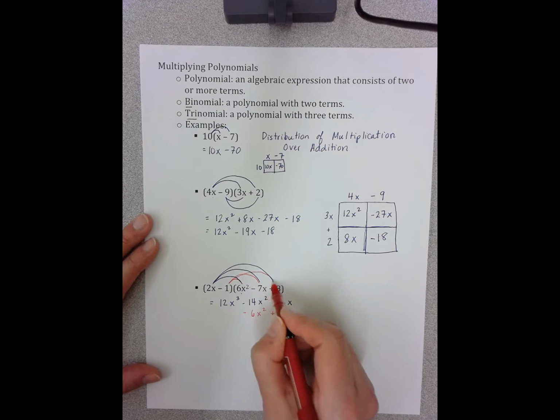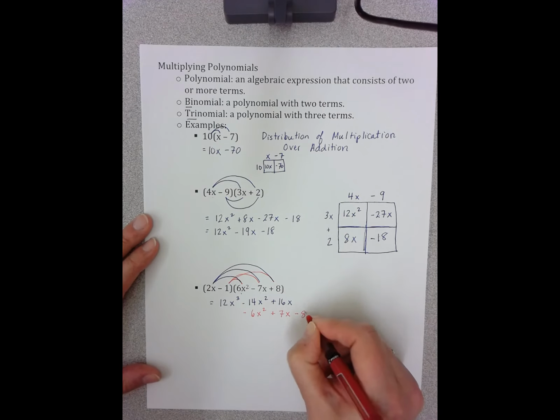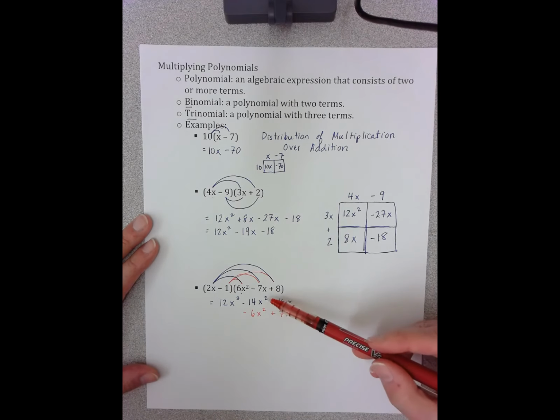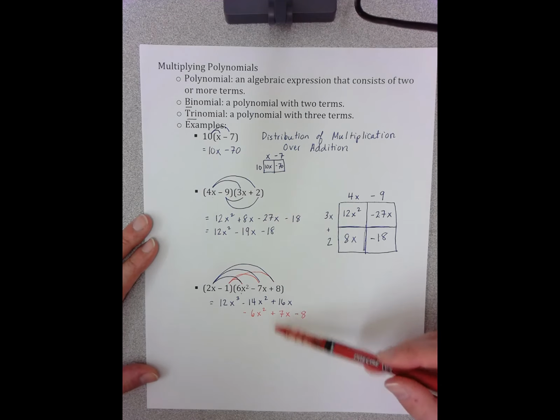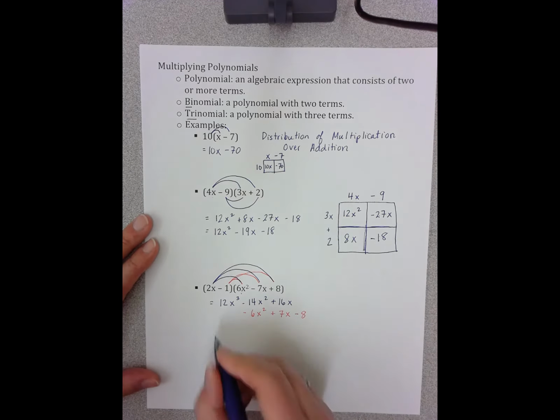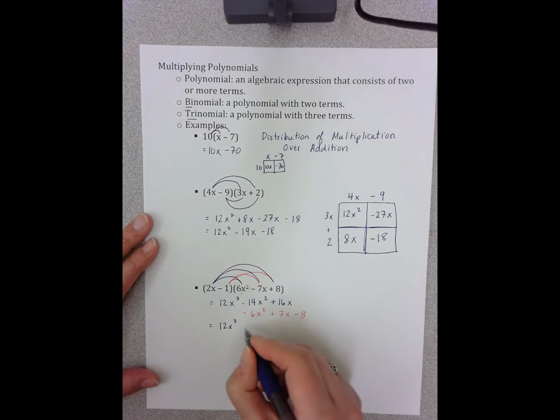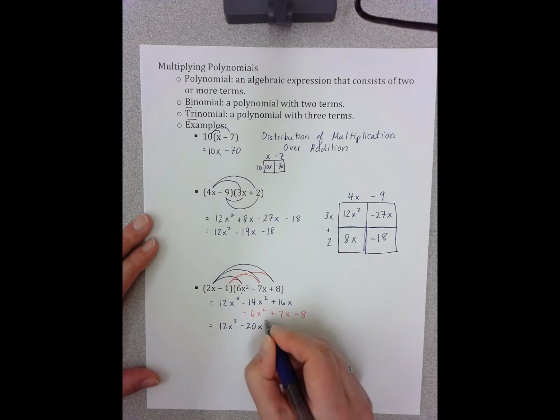And negative 1 times positive 8, which is negative 8. You'll notice that I line these up in a very particular way. I line them up so that I have my like terms already above each other, so that then when I come through and add, I can just add down like you learned in elementary school.